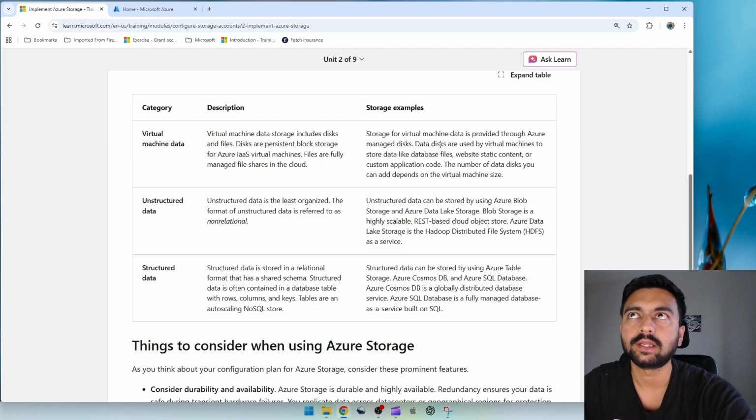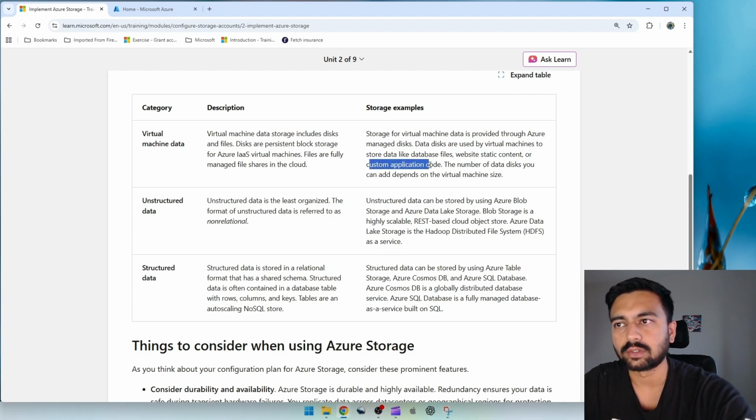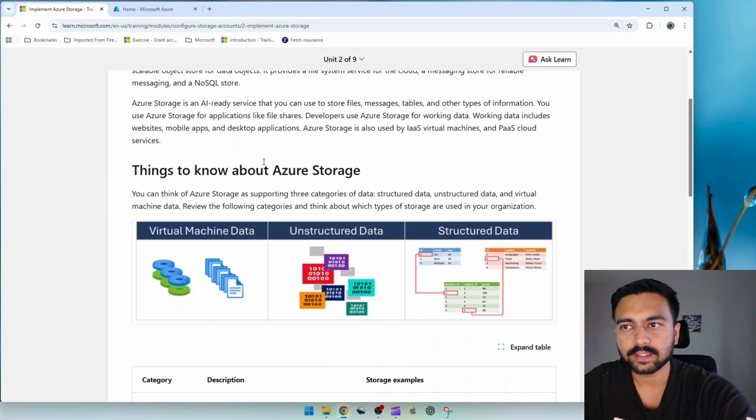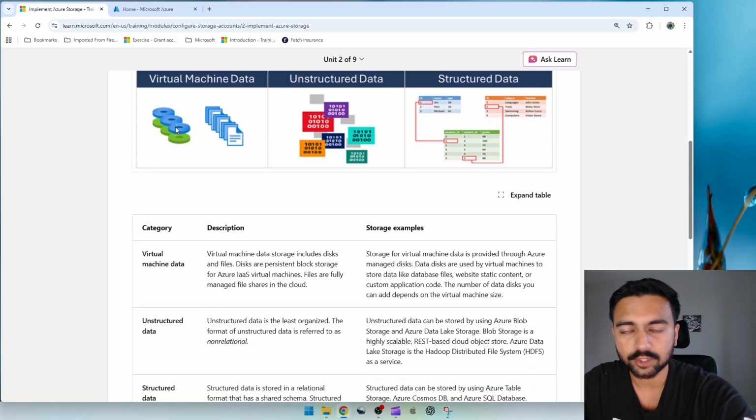When you create a virtual machine in Azure, it uses Azure managed disks, and they store database files, website static content, or custom application code. The number of data disks you can add depends on the virtual machine size. So whatever storage you give to the virtual machines, that storage is one of the categories for Azure storage.